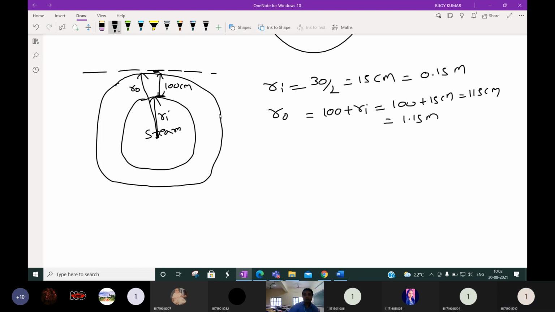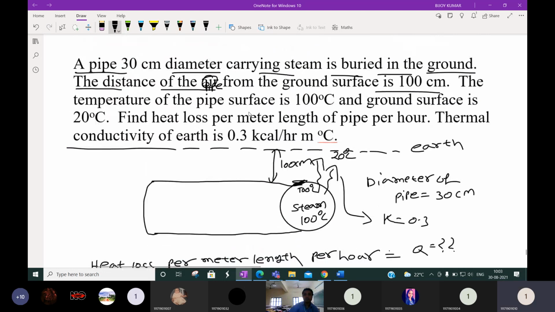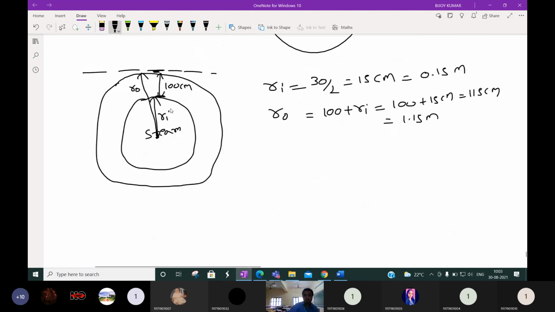Okay, let me clear you once again. Please read the question: the pipe of 30 centimeter diameter carrying steam is buried in the ground. It means the radius of the pipe is equal to 30 by 2, 15 centimeter.